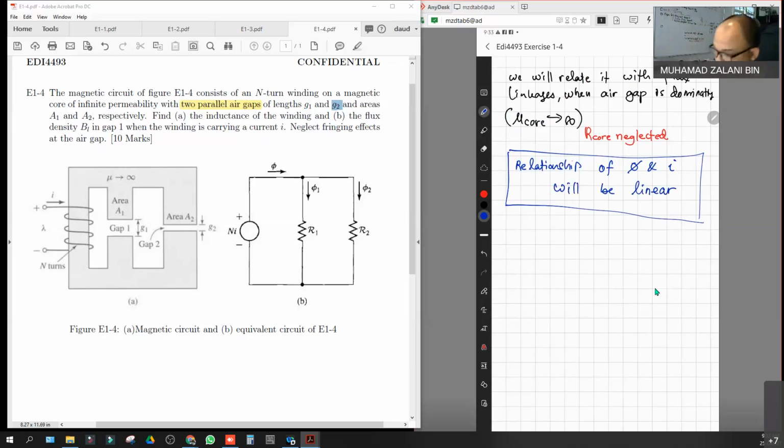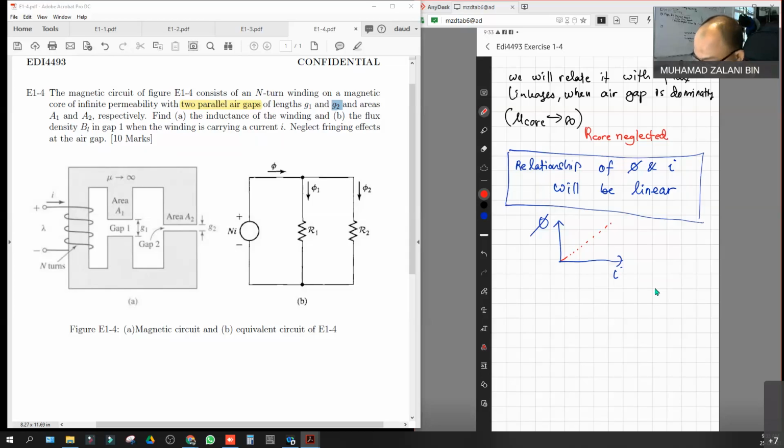Itu maksud dia. Maksudnya, kalau permeability core tu approaching infinity, meaning that phi and I ni bersifat linear lah.